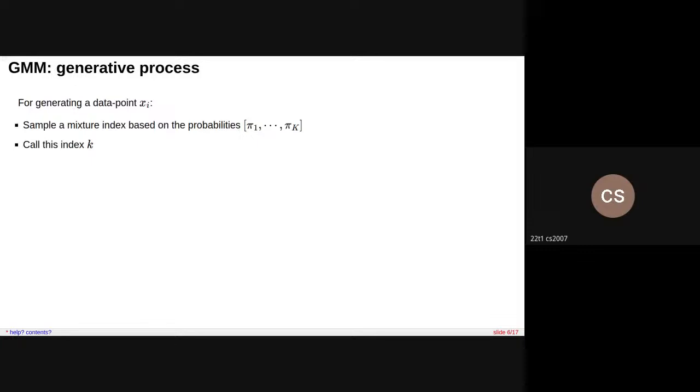So call this K. So we have generated K from this. Just so that you all understand, assume that there are 3 mixtures with probabilities, let's say 0.5, 0.4, and 0.1. Okay, so there are 3 mixtures.